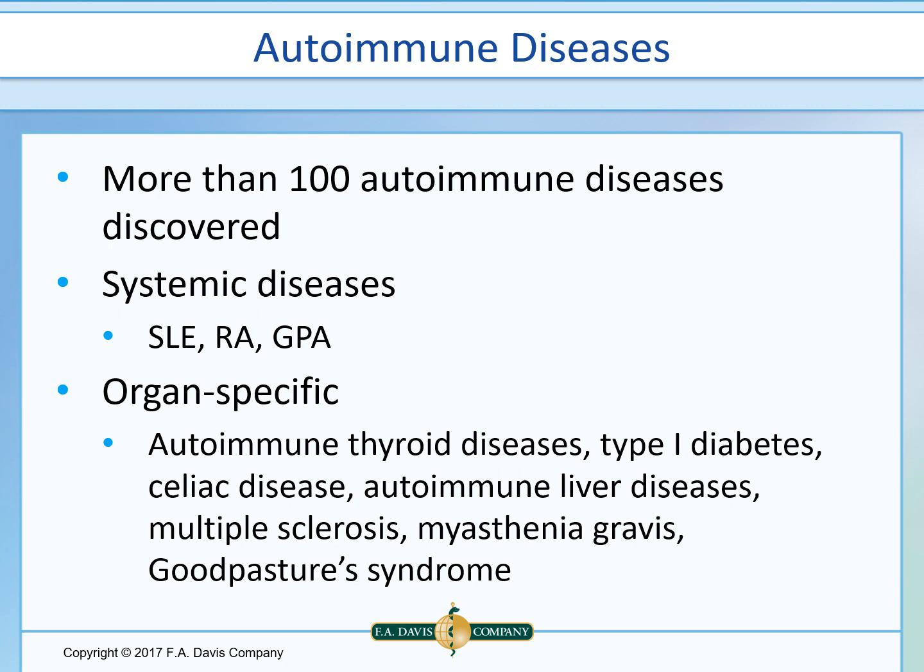Some of the organ-specific autoimmune diseases include autoimmune thyroid, diabetes type 1, celiac disease, autoimmune liver diseases, multiple sclerosis, myasthenia gravis, and then Goodpasture syndrome.